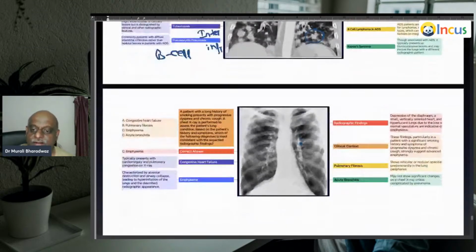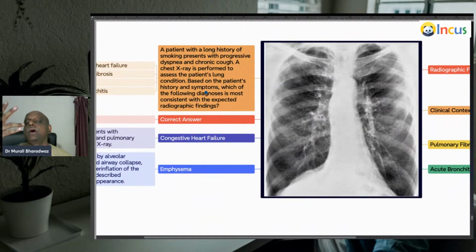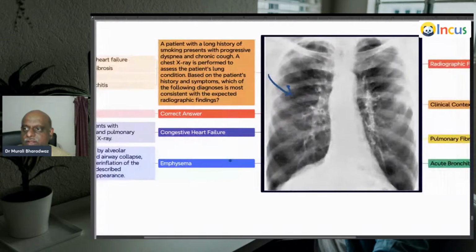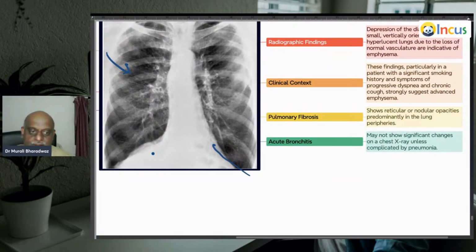That's how you differentiate. A patient with long history of smoking presents with a progressive dyspnea, cough, and radiograph is being done. So what is your diagnosis? So what do you see here? The diaphragm is completely depressed.